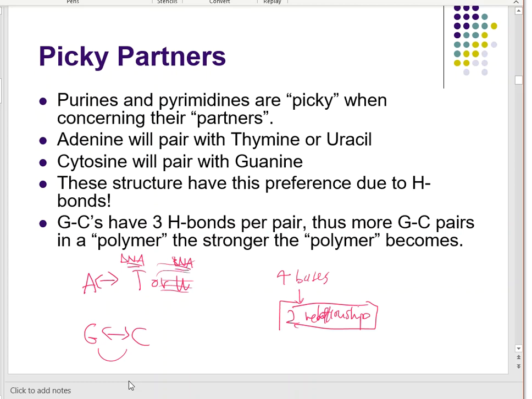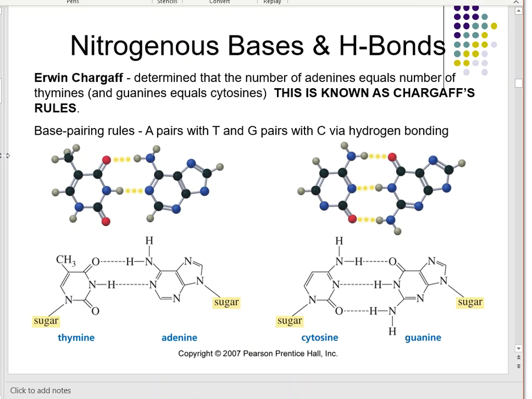So before we do that, I want to talk about this pairing. Why does the pairing happen the way that it does? Well, it's all based on hydrogen bonds. So here are the 2 different relationships that we've just discussed, A to T's and G's to C's, and they are drawn out for you. Only the base pairs is what we're looking at.